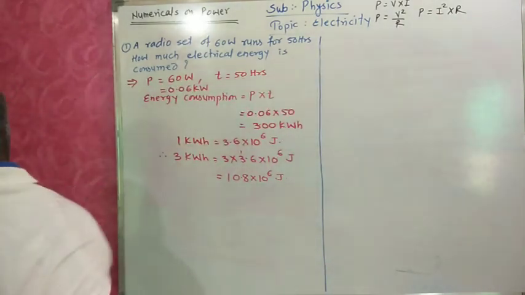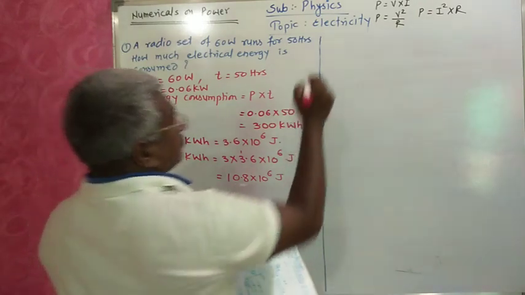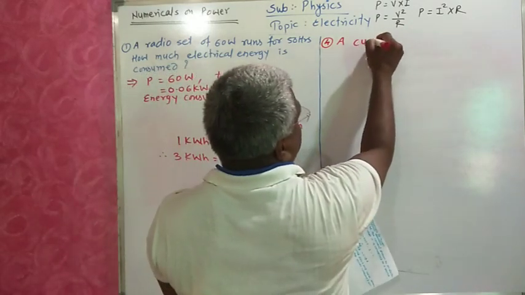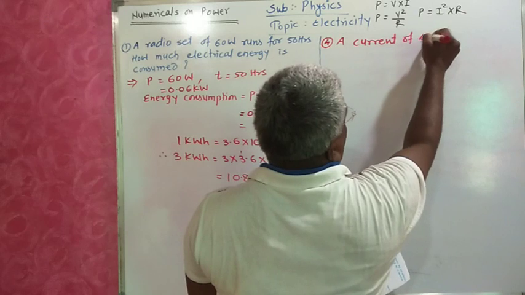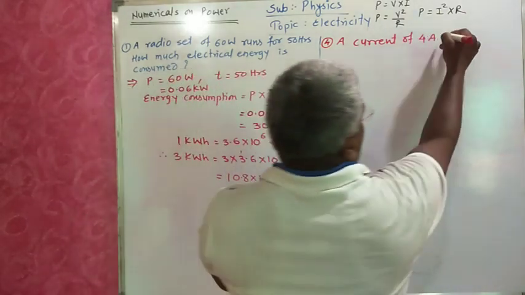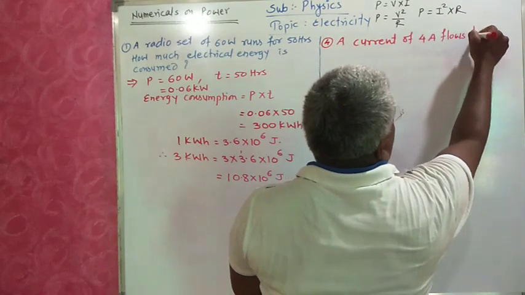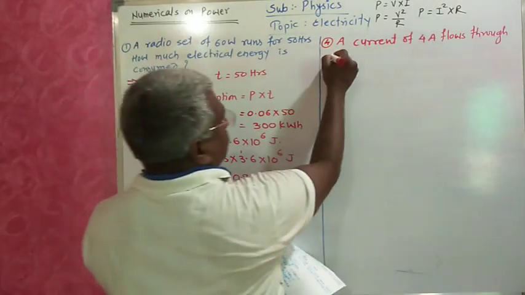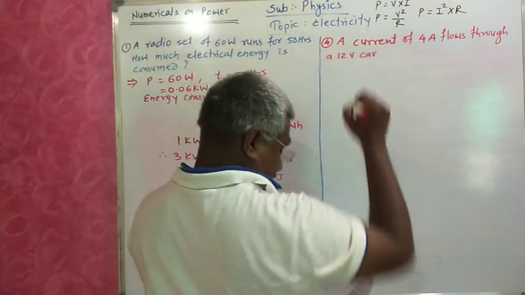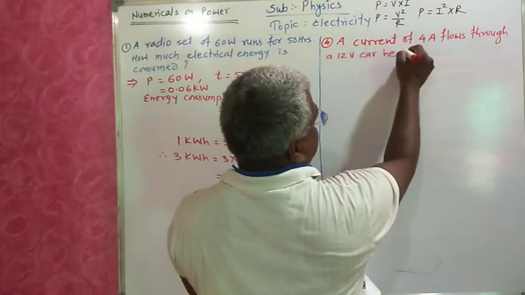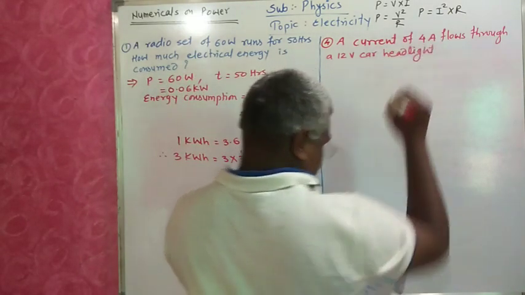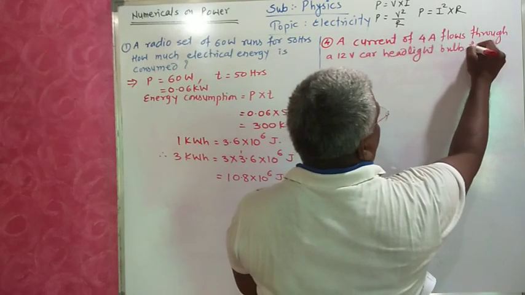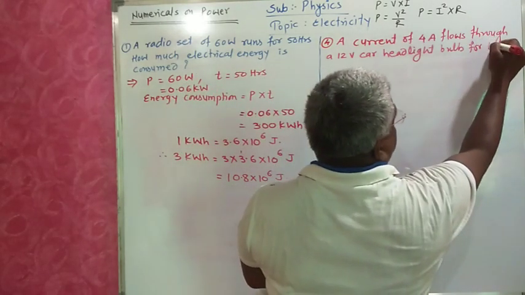Fourth example. A current of 4 ampere flows through a 12-volt car headlight bulb for 10 minutes.